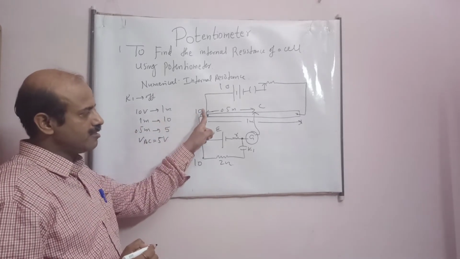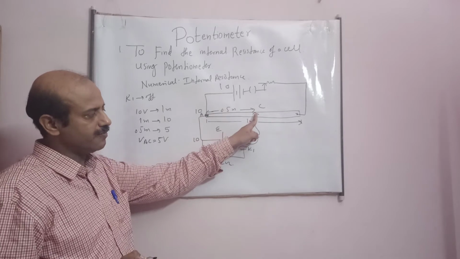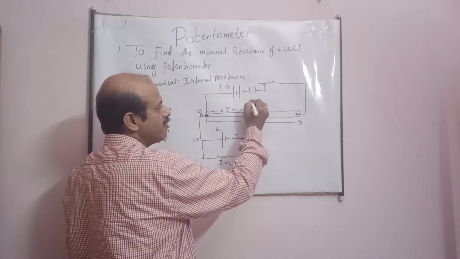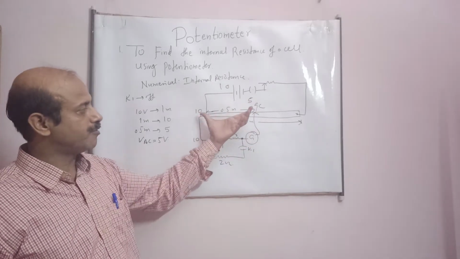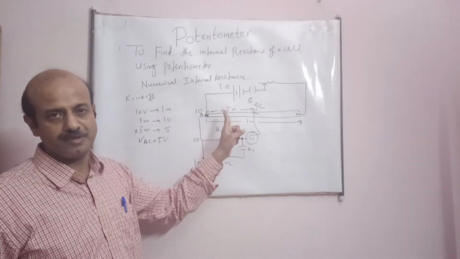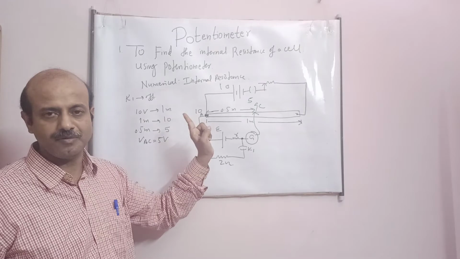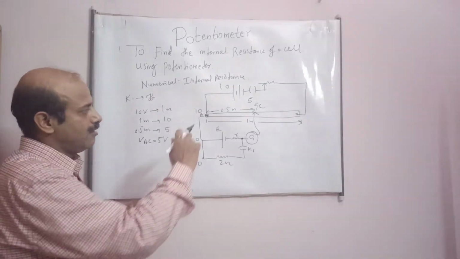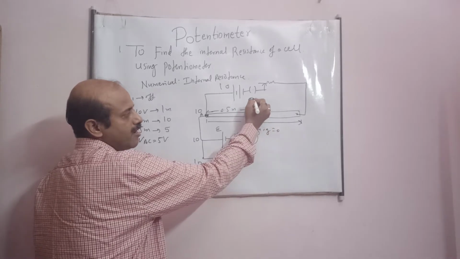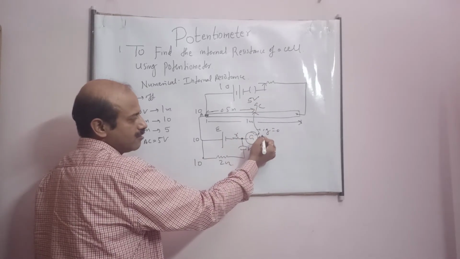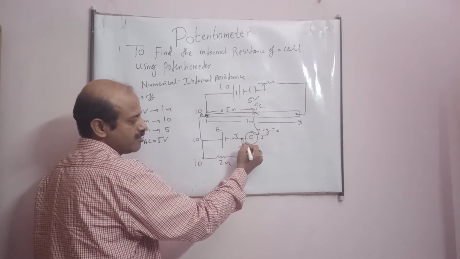Now since this is at 10 and the potential difference is 5, this means this is at potential 5. Remember, I have explained that potential is not always the same as potential difference; in this case it comes out the same, as I showed in the previous example. So this is at 5 and the current is 0.